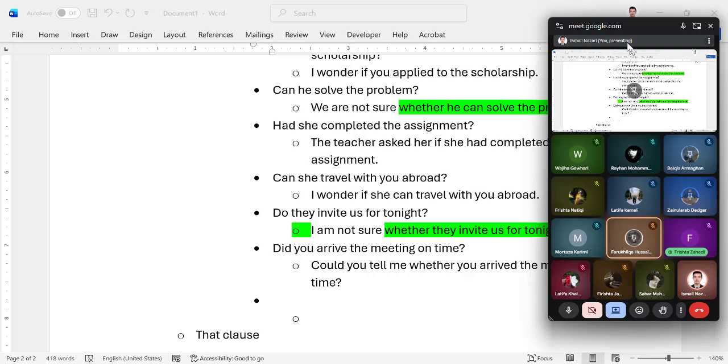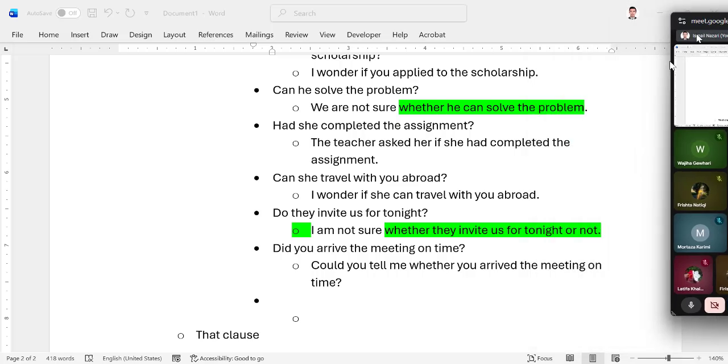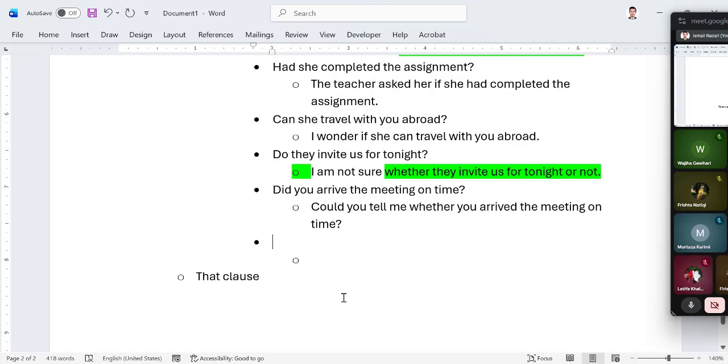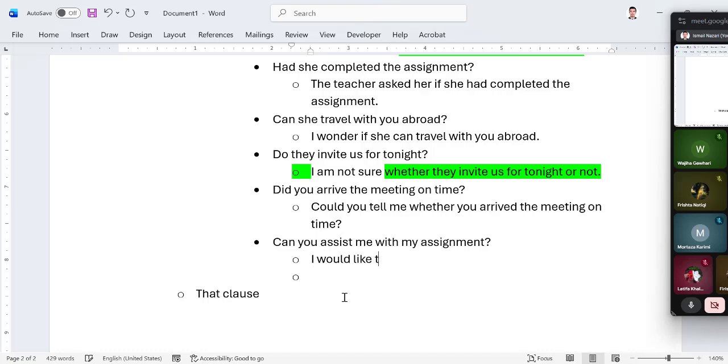And Miss Zahidi. The question is, can you assist me with my assignment? And when I change it, we can say, I would like to know whether you can assist me with my assignment.